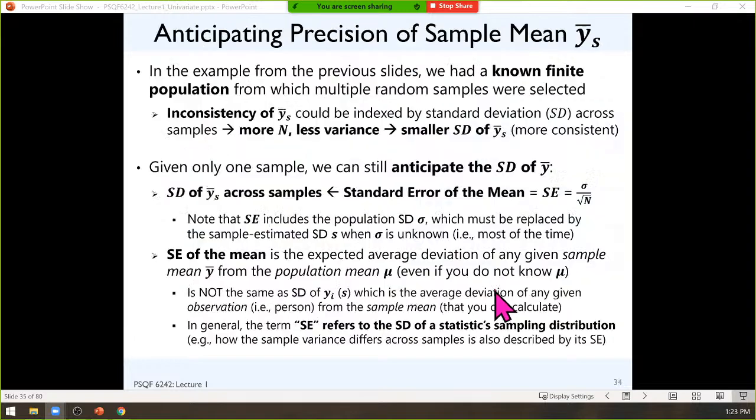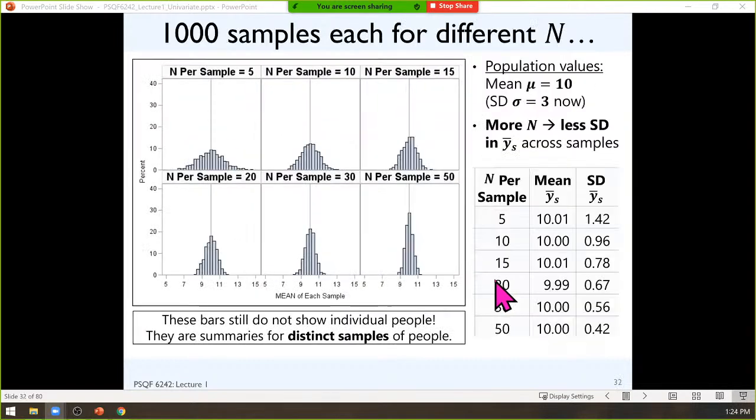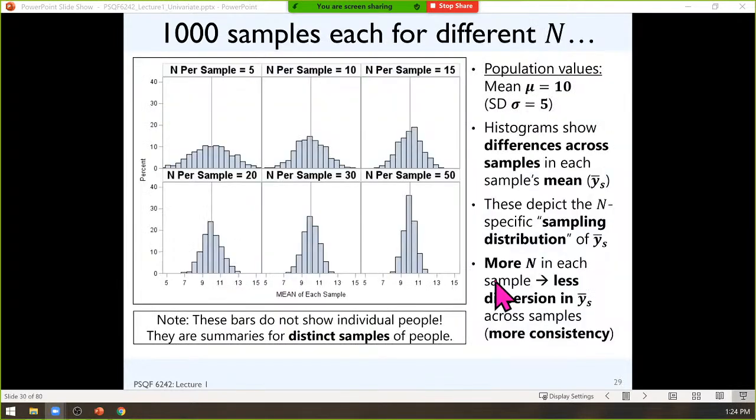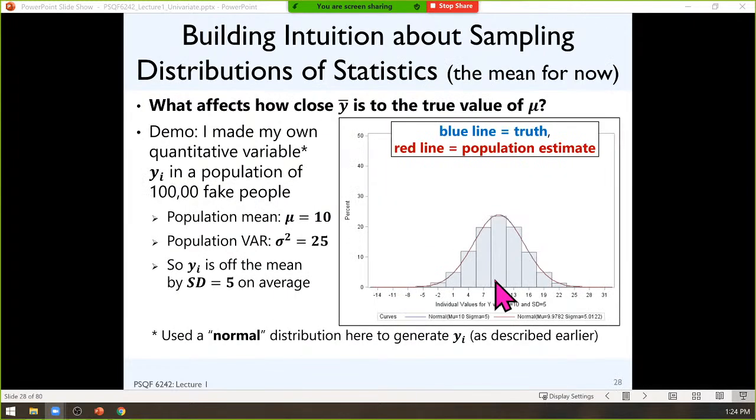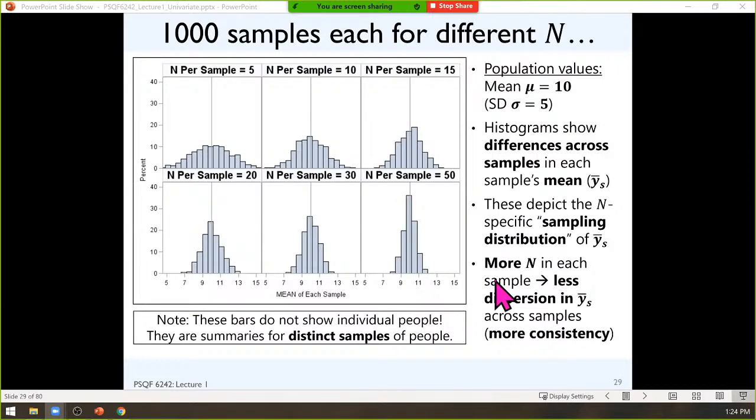So let me go back to the population, this picture. Okay, so this is the right answer with respect to what we're going for. Any one sample is going to have some degree of error to it because of the particular people that we pulled out of the population.